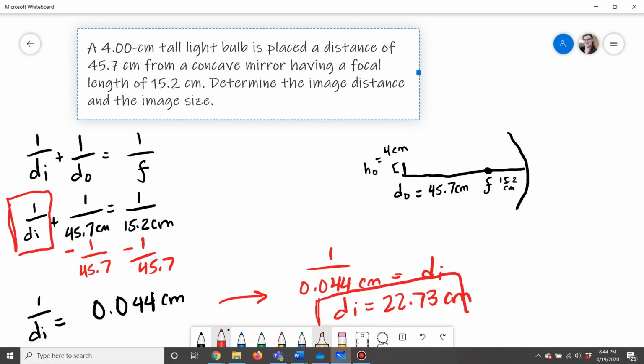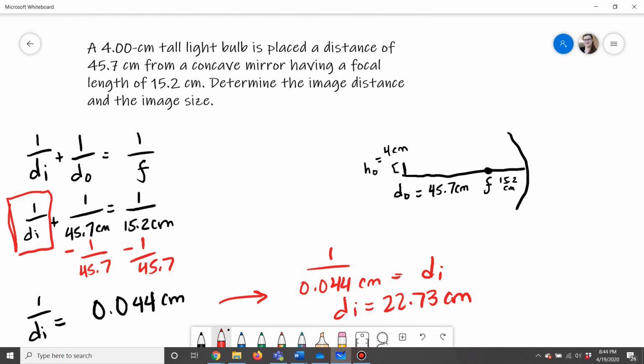Whoops. Well, that was bad. There we go. There's that first one. And now we're going to determine the image size. So when we want to determine the image size, it is the same thing as image height. So we know that we're going to take our h sub i.